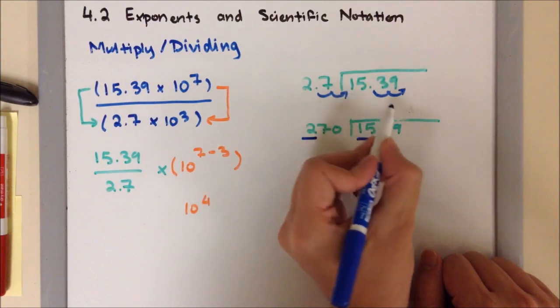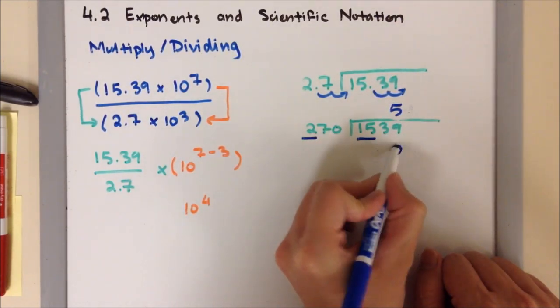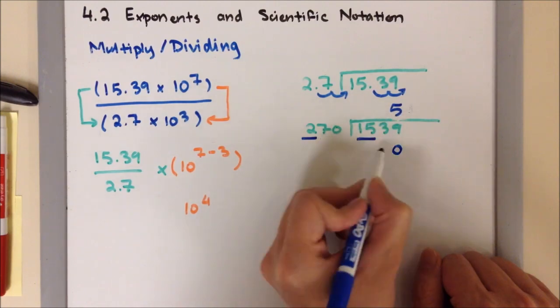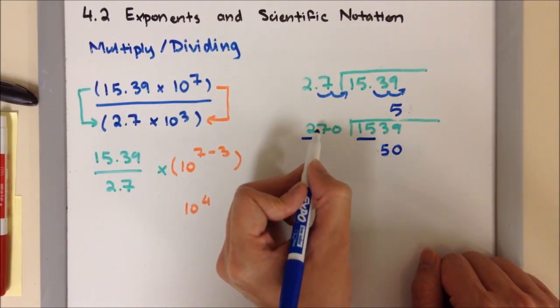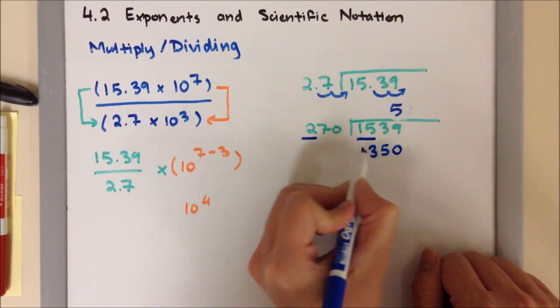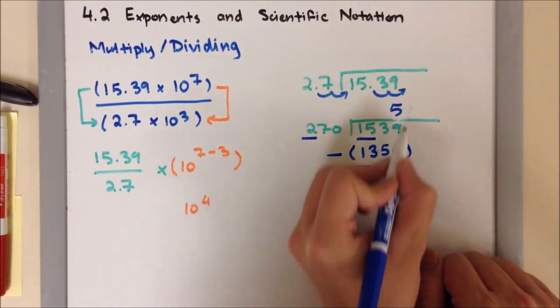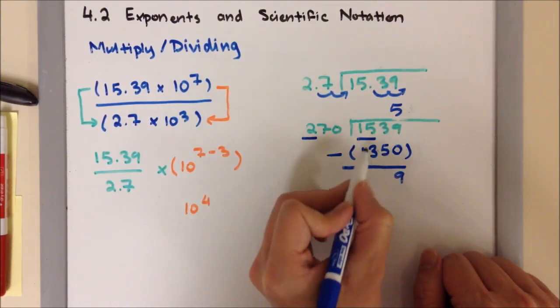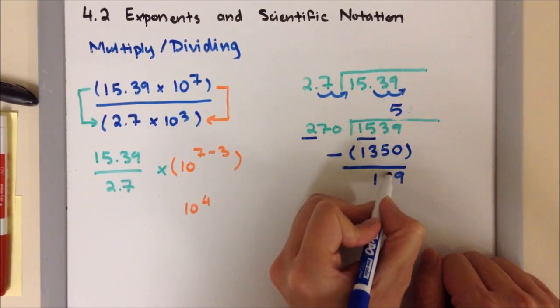So instead of 6, let's try 5. 5 times 0, and then 5 times 7, that's 35. Carry the 3. So 5 times 2 is 10, plus the 3, that's 13. That's less than 15, so we're good. Subtract. So 53 minus 35, 18, 0.